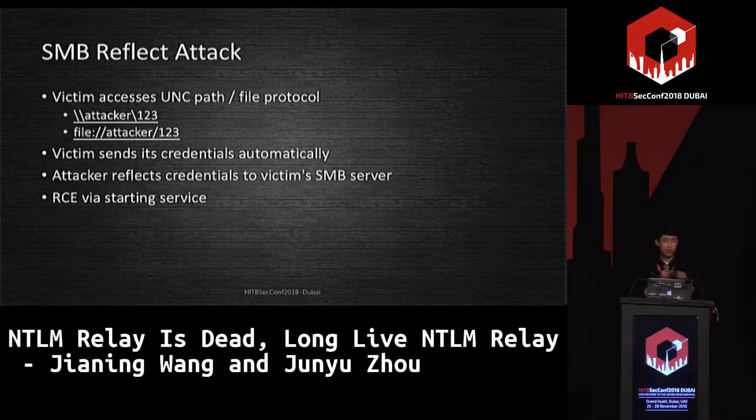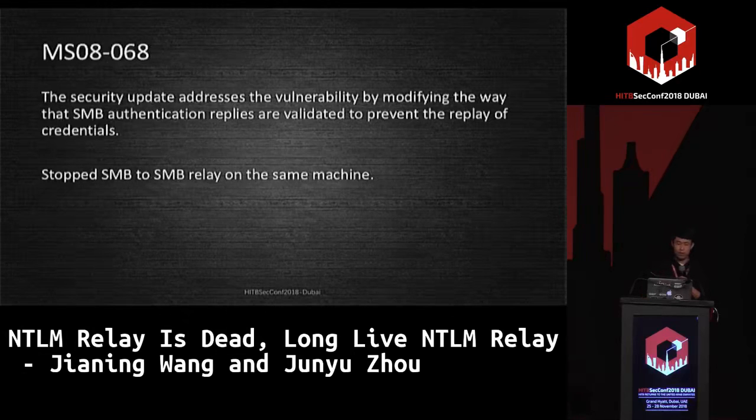The attacker can just reflect the credentials to the victim's SMB server, and the attacker can achieve RCE by starting a service. This attack can be performed easily. And Microsoft released a patch called MS08-068. In this patch, it stopped SMB to SMB relay on the same machine.